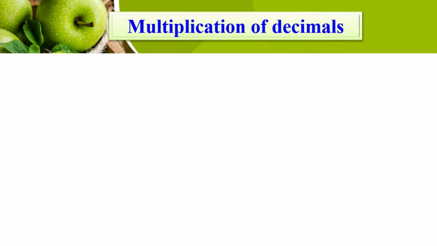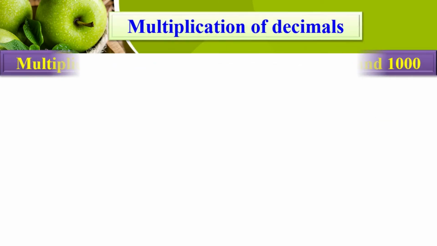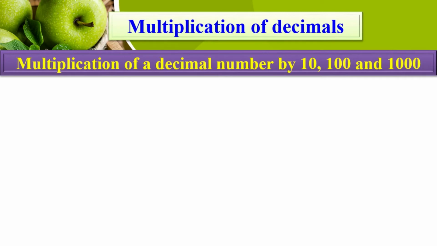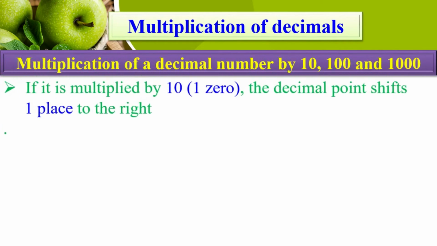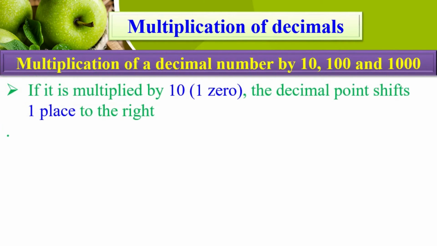Let's see multiplication of decimals. Multiplication of a decimal number by 10, 100 and 1000. If it is multiplied by 10, the decimal point shifts one place to the right.